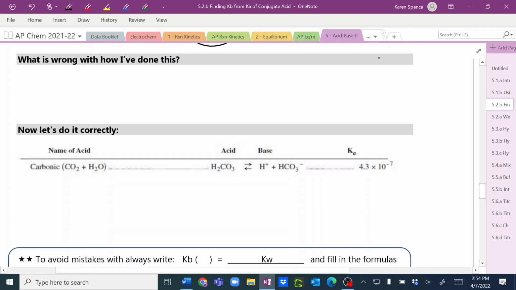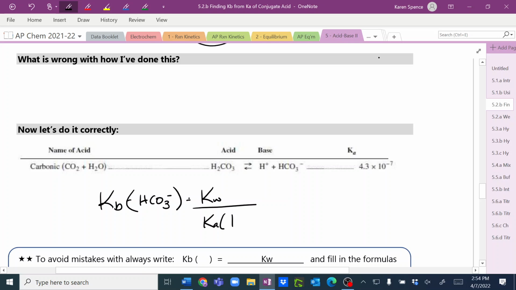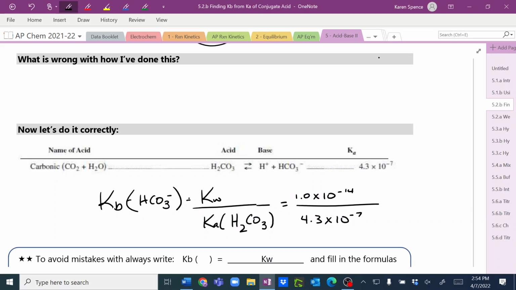Now let's do it correctly. Here is carbonic acid. So we have Kb of HCO3 minus is equal to Kw over Ka of H2CO3, equals 1 times 10 to the negative 14 over 4.3 times 10 to the negative 7, equals 2.3 times 10 to the negative 8.